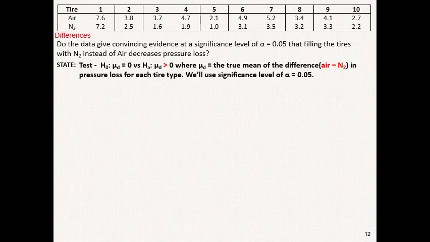First of all, we have to think about how we're going to subtract. Are we going to say air minus nitrogen or nitrogen minus air? It's kind of important because that's going to affect how we write our alternative hypothesis, right?